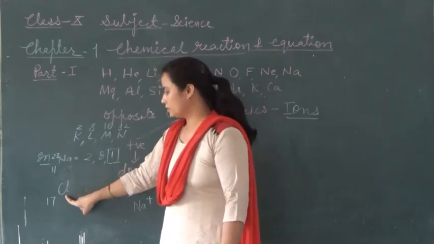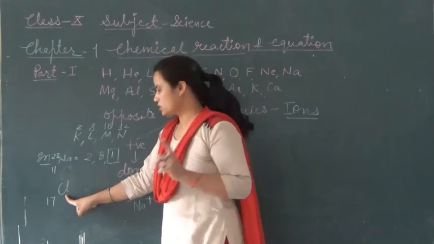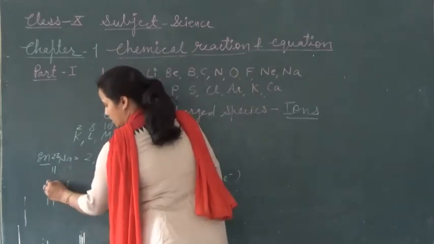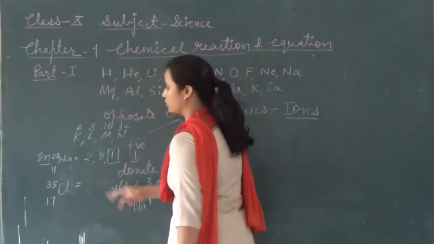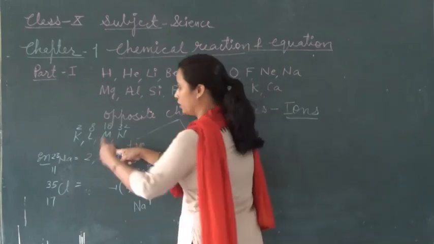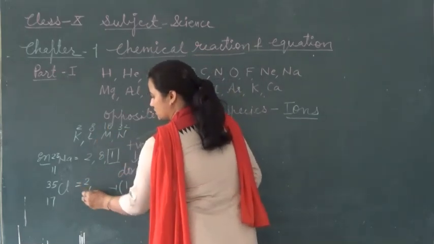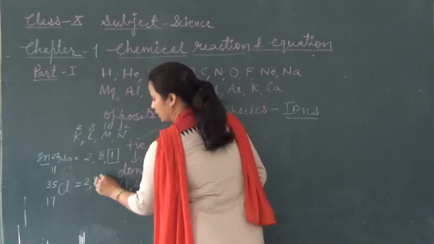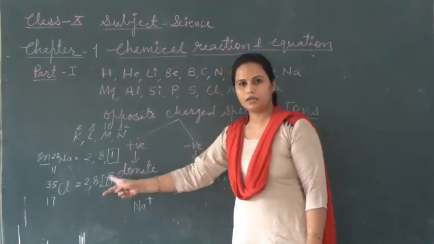It means the number of electrons is 17, protons 17 and neutrons 18. That's why the mass number of chlorine is 35. Now we distribute the 17 electrons in the K, L, M shells. According to 2, 8, 18, 32, the first 2 go in K, then 8, then 7. The outermost shell of chlorine has 7 electrons.